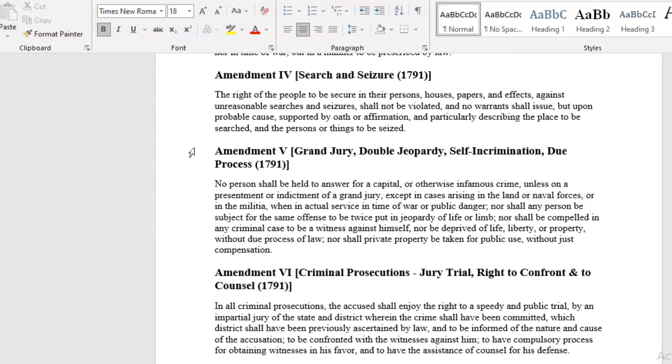Now, many times what we see happening is judges issue warrants not on an oath or affirmation, but on what's called an information and belief. And this is what police officers generally file.